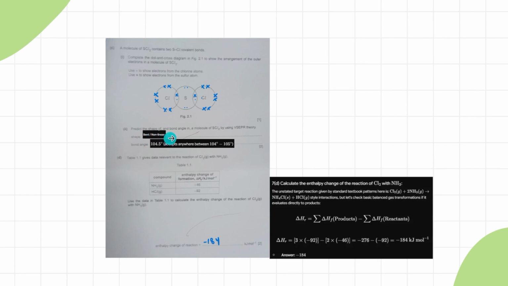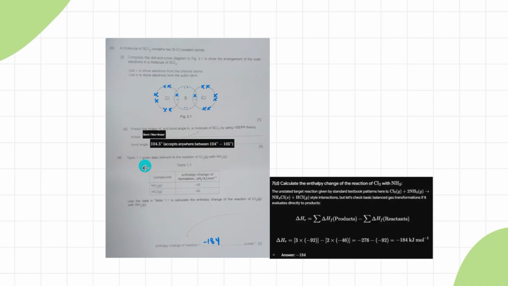Then predict the shape of and bond angle in a molecule of BeCl2 by using VSEPR theory. So the shape is bent or non-linear and the bond angle is 104.5 degrees, accept anywhere between 104 degrees to 105 degrees.